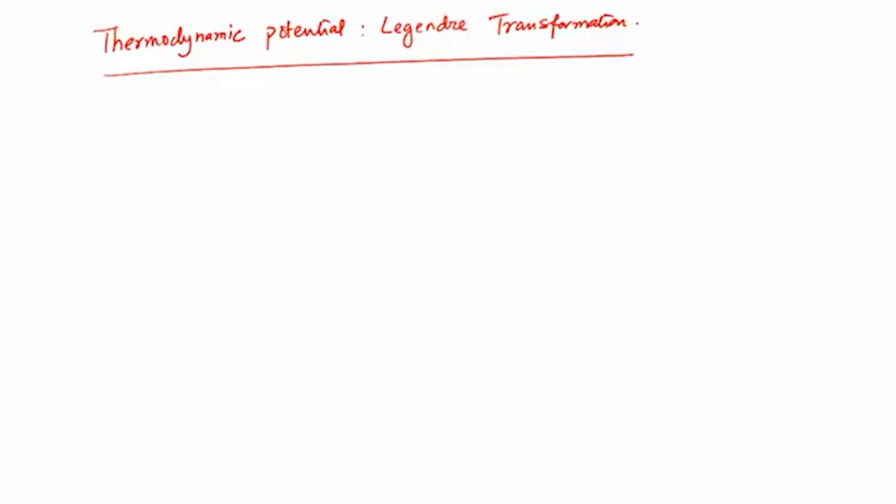And we will look at, in brief, what Legendre transformation is, but let me try to give you a feeling of what we are trying to do. So, we take this U to be a function of S, V and N, which we have already seen.